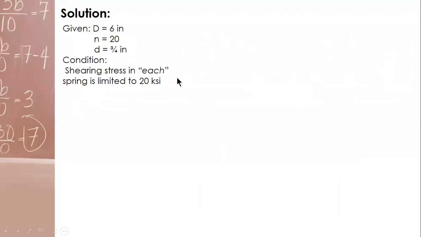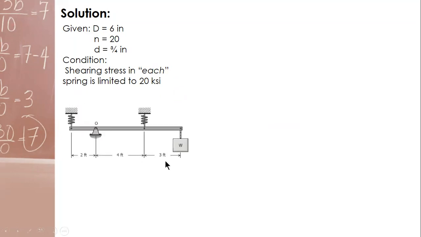Condition, shearing stress in each spring is limited to 20 KSI. Pero, dili simultaneous or dili at the same time nga ma-experience nila ang maximum value. So, let's identify forces. Naa force dire, P1 and P2.